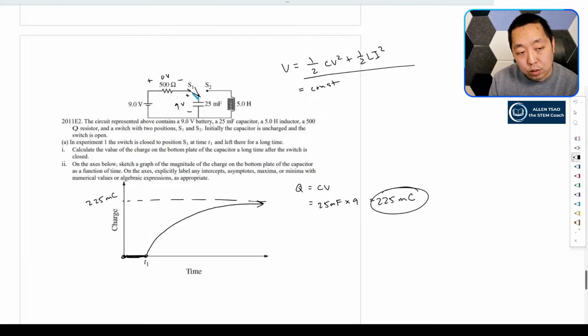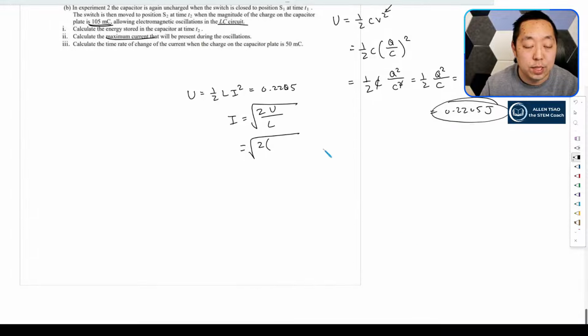Right now, when we're at T1, we're charging the capacitor, and there's no current here. The I is 0. So immediately when I close this switch, the I is still 0, because remember, the current through an inductor cannot change instantly. So it's still 0, which means there's no energy in the inductor, which means all the energy is in the capacitor at this point. So that's why I can use that form of energy.